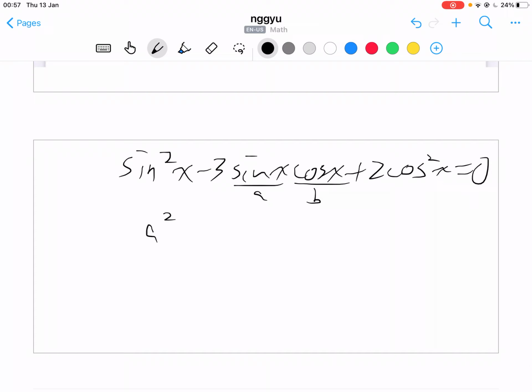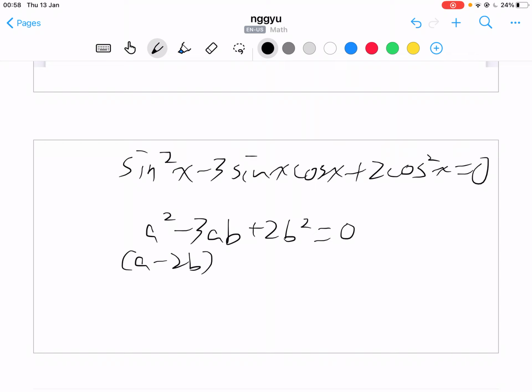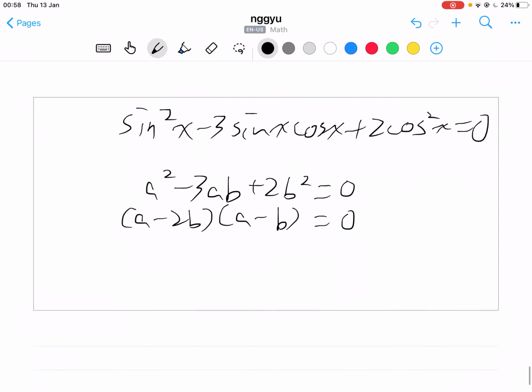So the equation becomes a squared minus 3ab plus 2b squared, which becomes a very nice quadratic equation. So a minus 2b times a minus b is equal to 0.